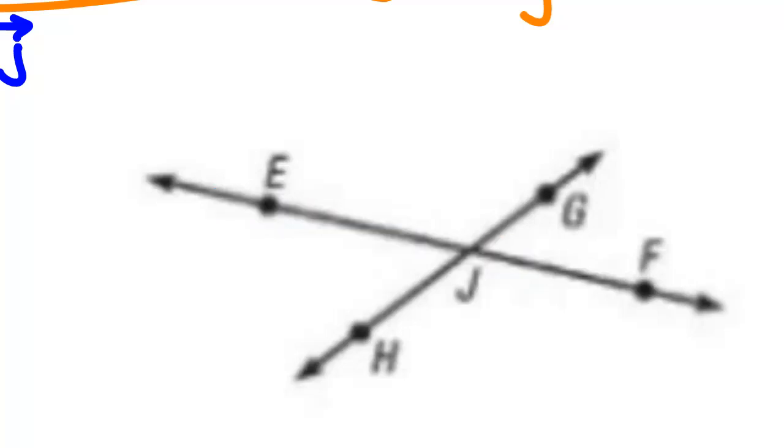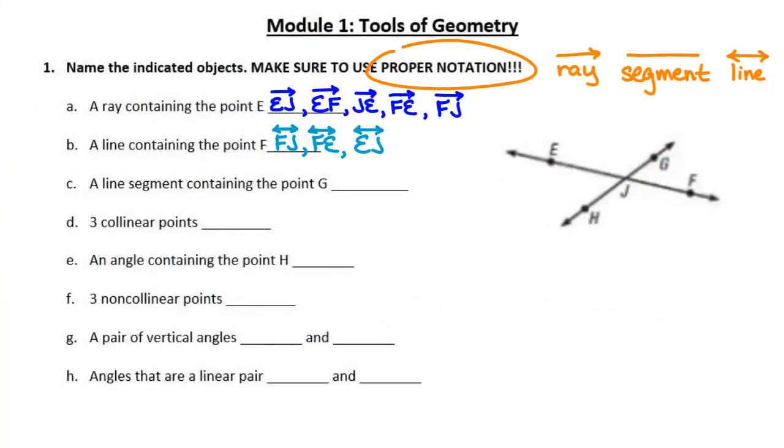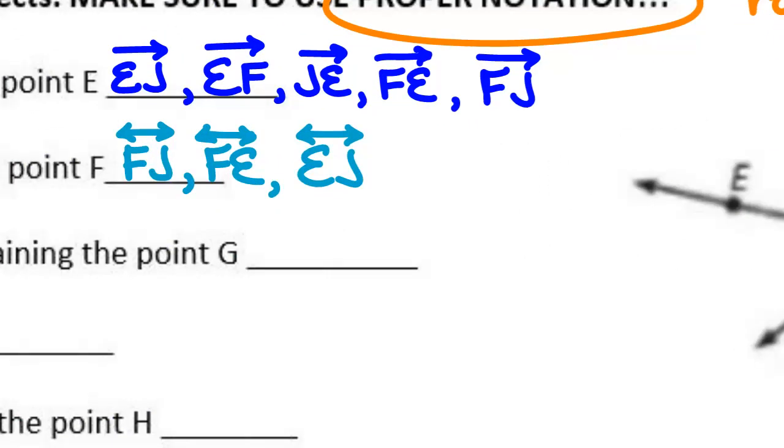You only needed to give one name to get these correct. I'm giving all the possible correct answers here, but you only needed to give one. Part C, a line segment containing the point G. So we want to include this point right here. So I could have the line segment GJ or JG, because on line segments it doesn't matter if I flip them around backwards.